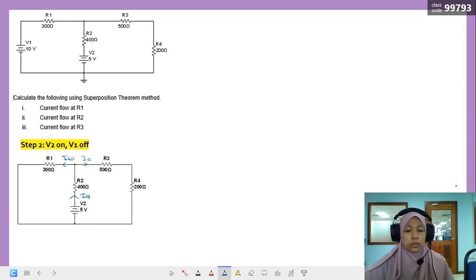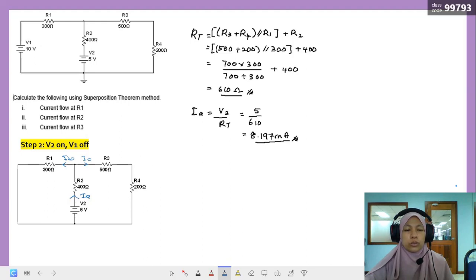First we have to calculate the R total again. R total here is different from previous because the voltage is at the middle. So R3 and R4 in series, and then parallel with R1, and then series with R2.